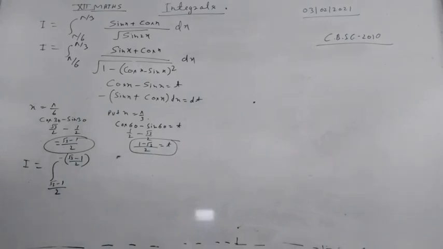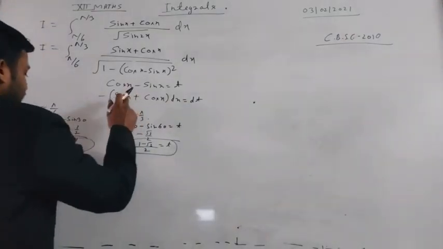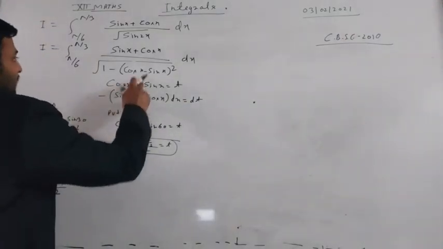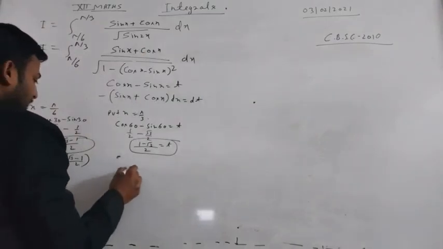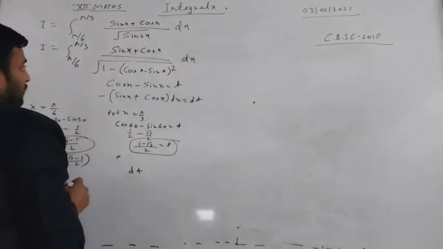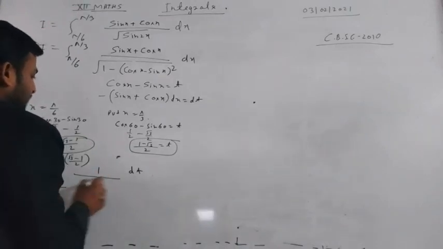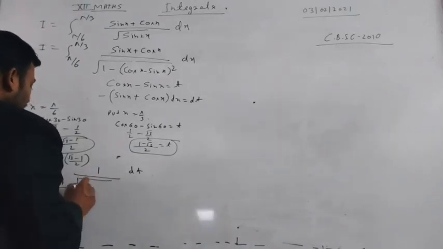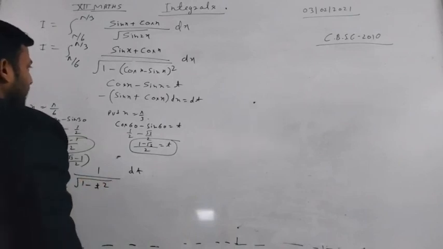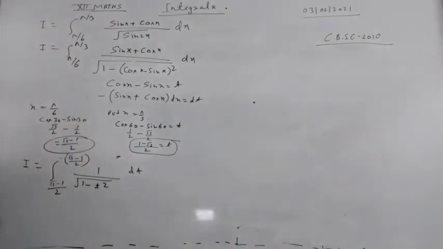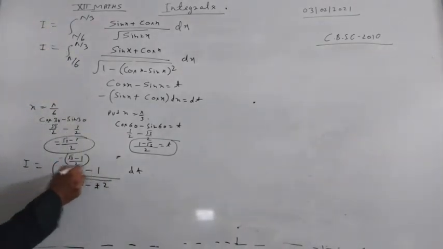Now here, students, we can write it in the form of dt. So cos x plus sin x dx is dt, and this is 1 minus t square, students, and with the negative sign.